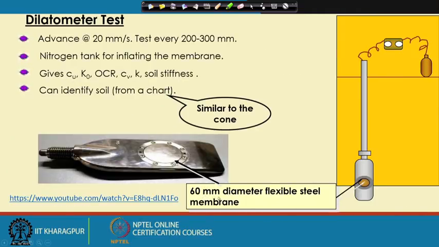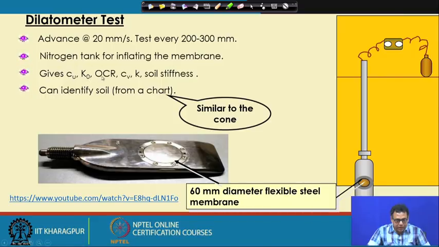This is a 60 mm diameter flexible steel membrane. With the help of this inflation, again we get P0 and PL, the limit pressure, and then by using correlations we can get Cu, K0, OCR, all these soil properties.